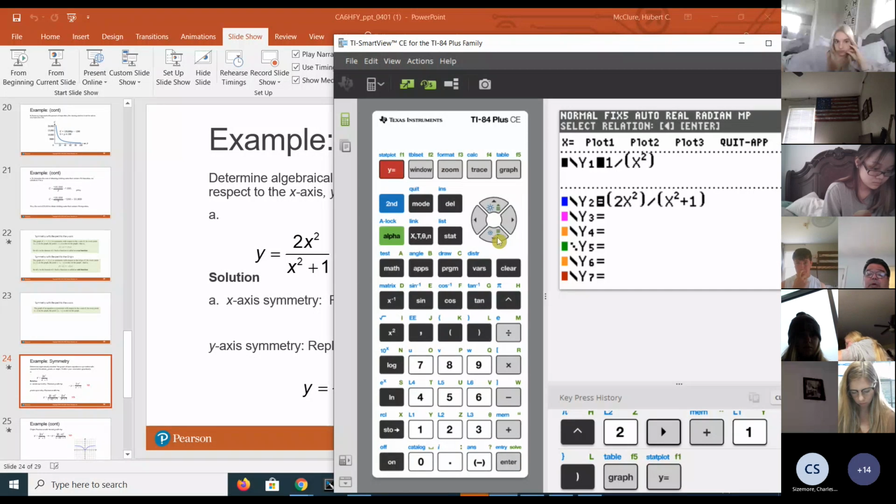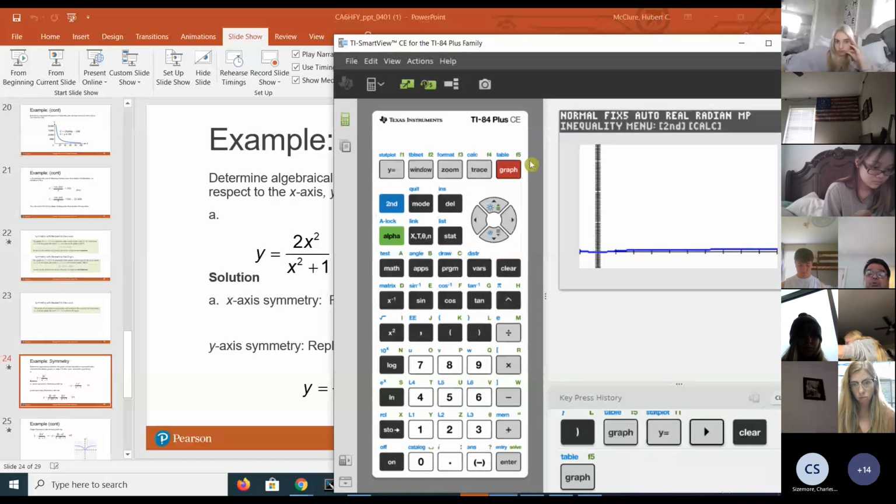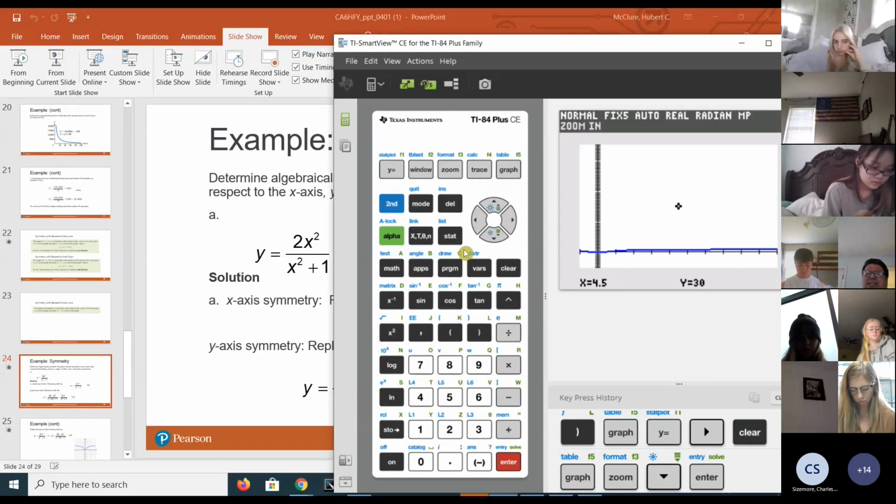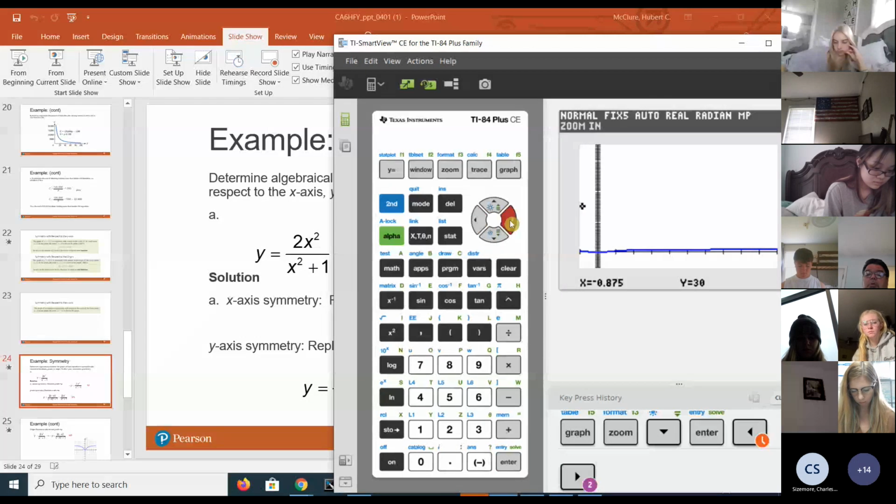And now we're just going to graph that one. And I thought it was going to be a little bit better than that. So I'm going to zoom in. I'm just going to try to get in the middle of this thing. I'm going to go right down here and enter.